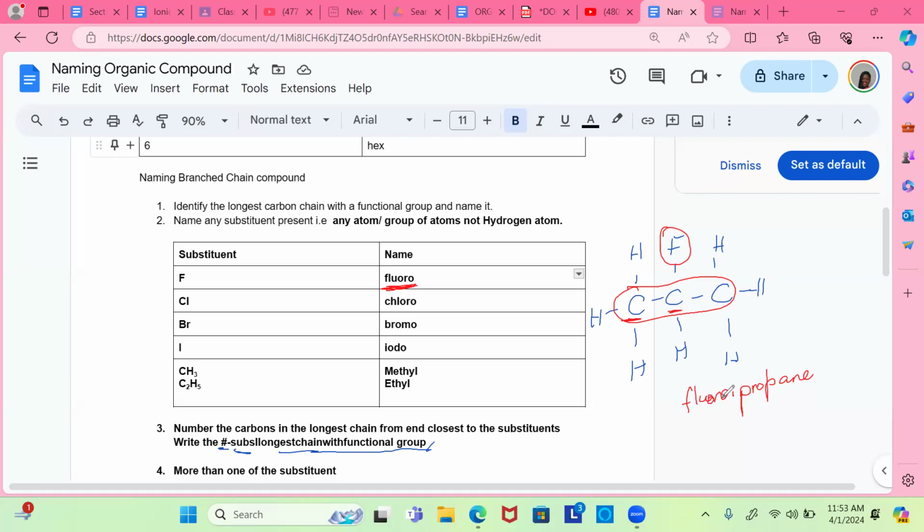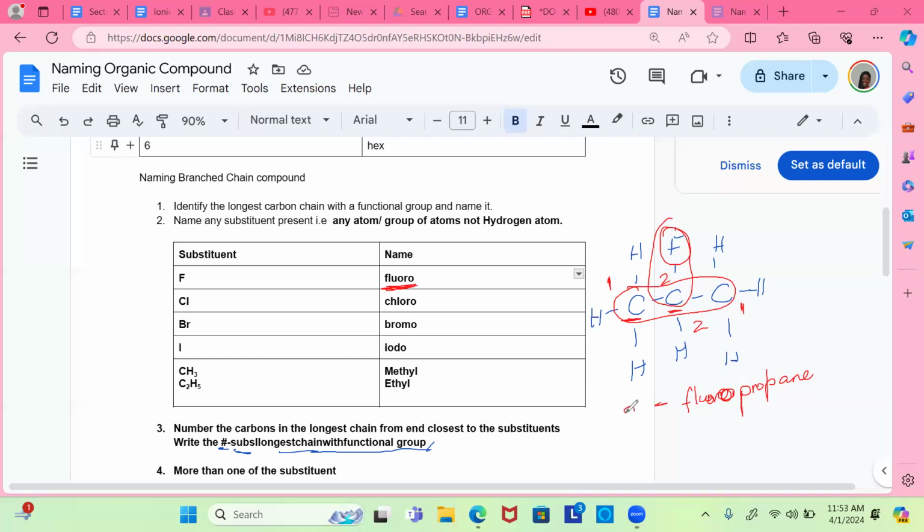So I need to say which carbon number fluoro is on. I'm going to number from the end closest to the substituent. If I number from left to right, my substituent is on the second carbon. If I number from right to left, it's on the second carbon. So either way it's 2.